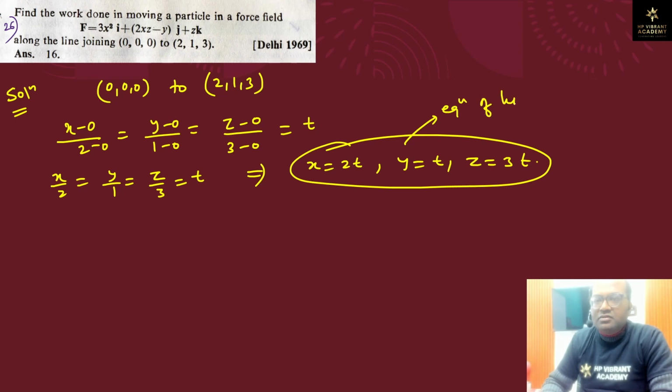This is the equation of the line in parametric form. So let us find the work done.